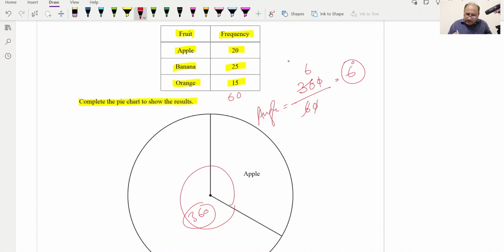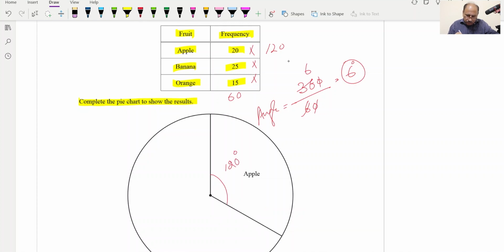So 6 degrees we will multiply each one by 6, so 20 multiplied by 6 will be 120. So apple is 120, so we can complete this one. Apple is up to this one, and this is equal to 120 degrees.